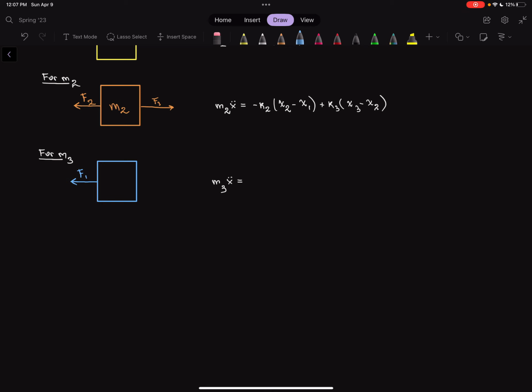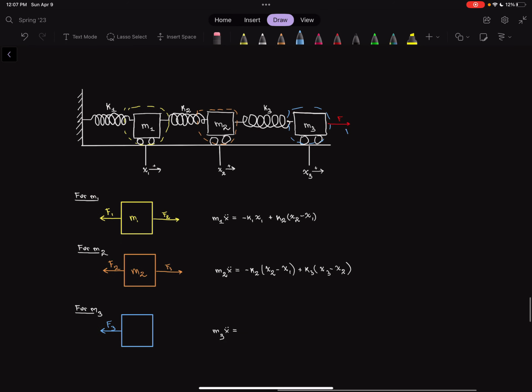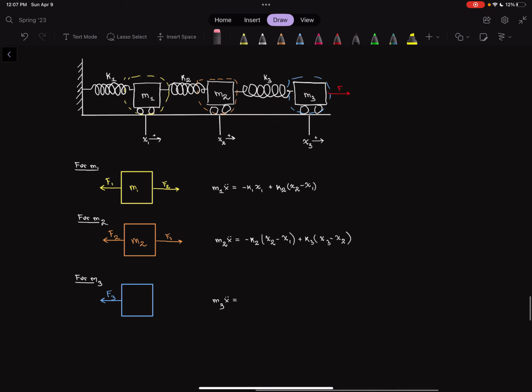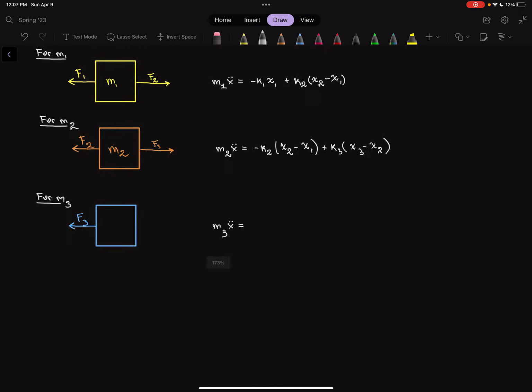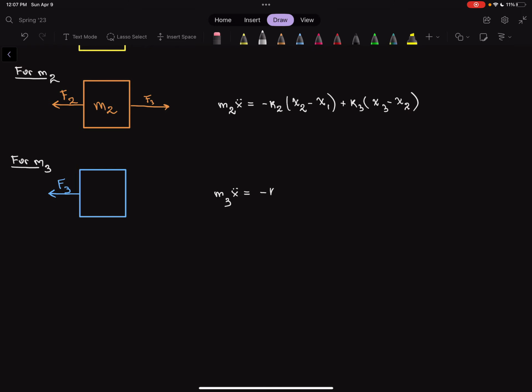Why? Because we're assuming that this force right here is kind of like an initial condition, but then you leave the system by itself. So the only force is going to be pulling back, in the negative direction, and it's going to be x3 minus x2.